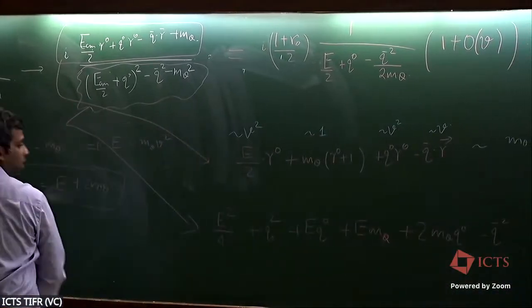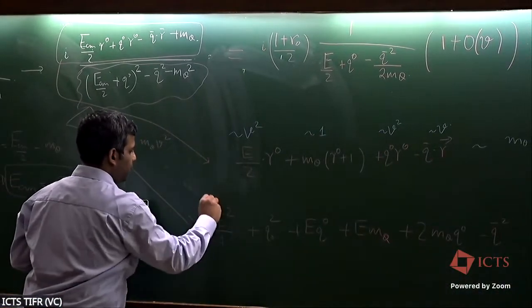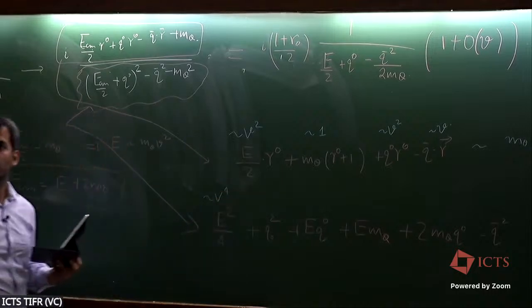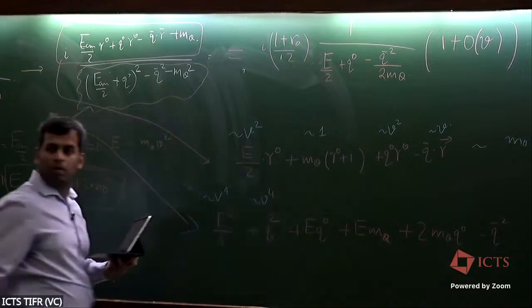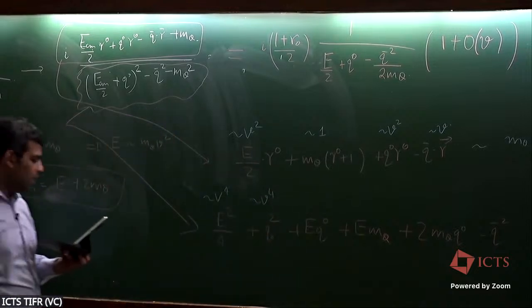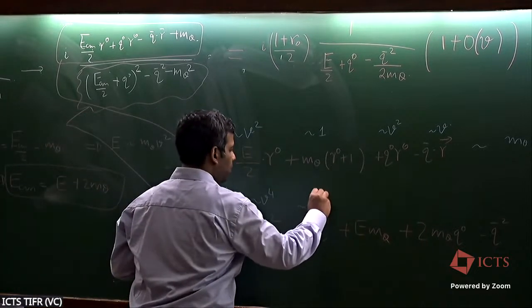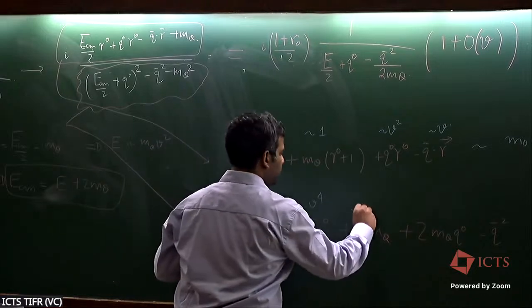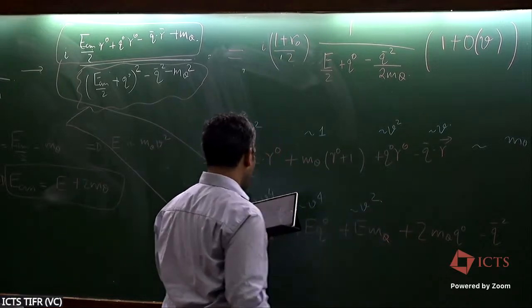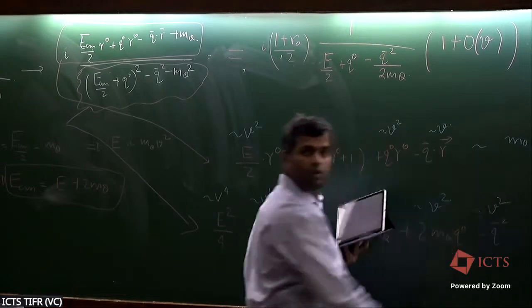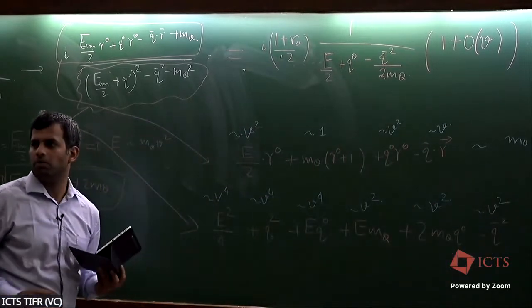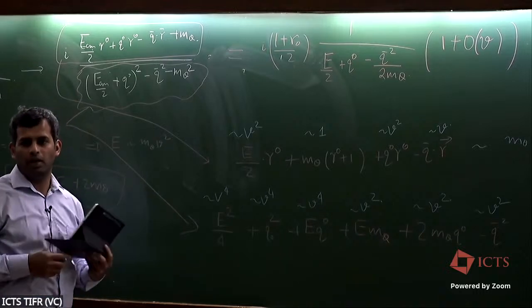This is V raised to 4, okay? This is again V raised to 4, because Q0 is V square. This is V raised to 4. This is V square. This is V square. And this is V square. Clear?